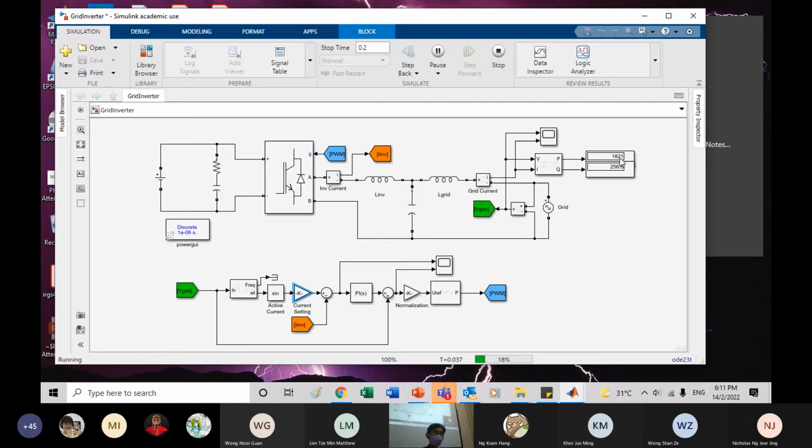You see this grid connected, right? The power is determined by how much current you inject to the grid, because voltage is fixed. Voltage is fixed, okay? So in this case, I inject 8 amp, so I got around 1,800. So this is how the grid connected inverter determines how much power you want to use internally for the house and how much power to inject to the grid.